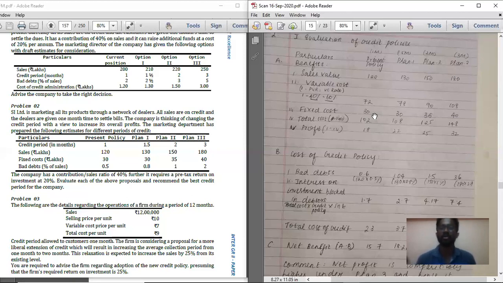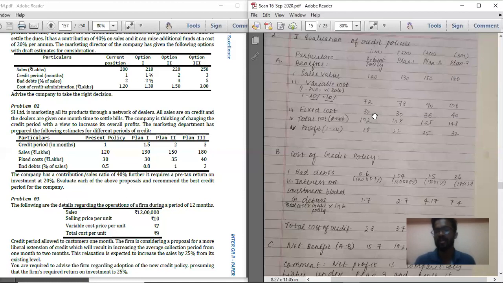Now below that, small Roman number 4, total cost. Open a bracket: small Roman number 2 plus small Roman number 3. So that is 72 plus 30, present policy is 102.